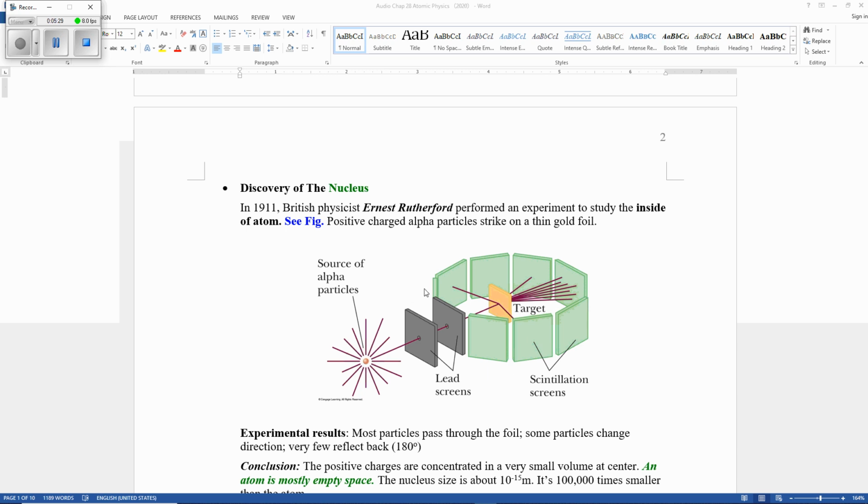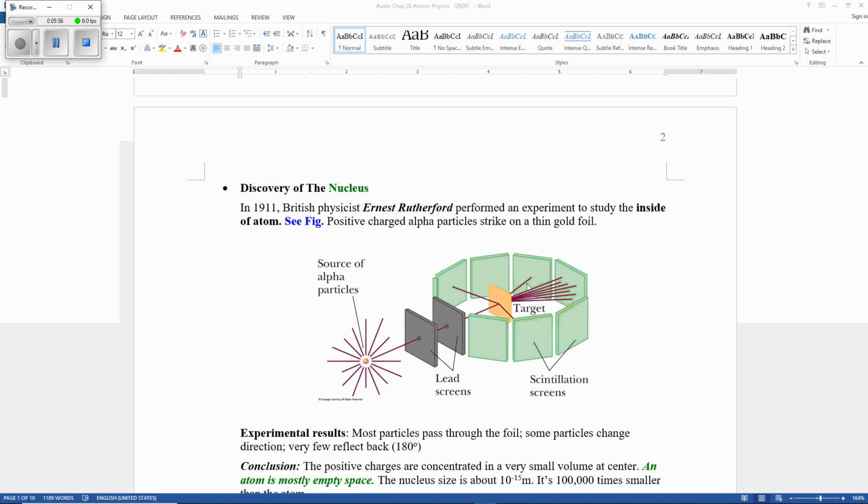From this experiment, Rutherford gave a conclusion. The inside of the atom is empty space, because most of the particles just pass through and only a few change direction. We will discuss more detail in chapter 29 and chapter 30, when we study nuclear physics.